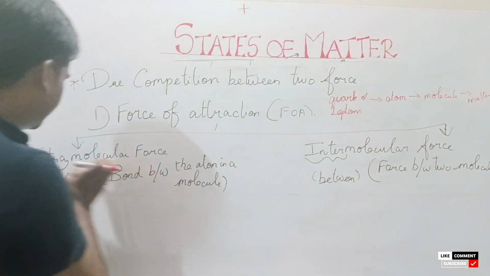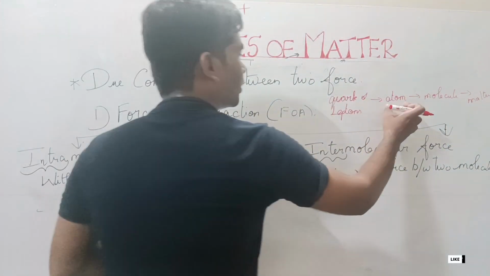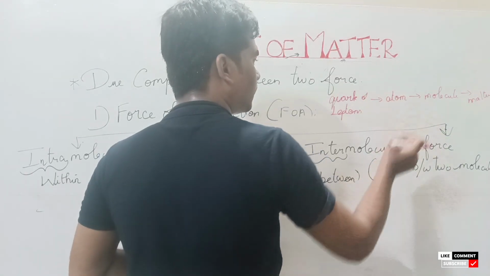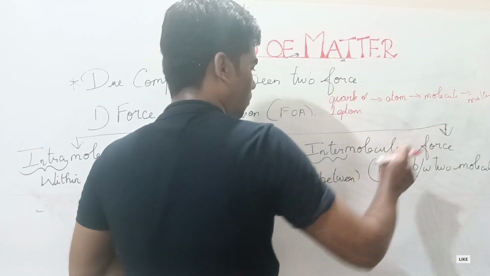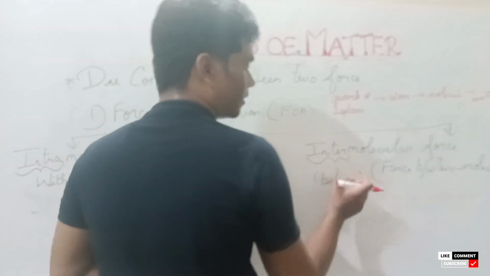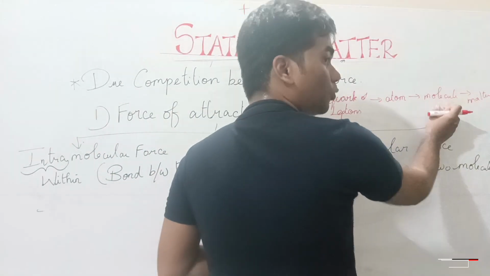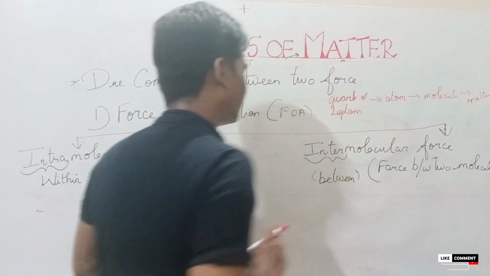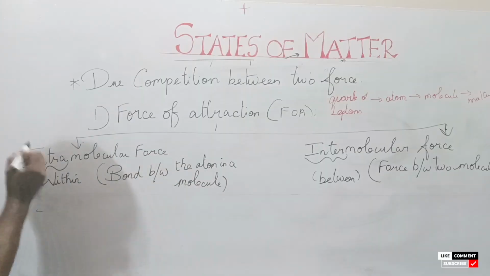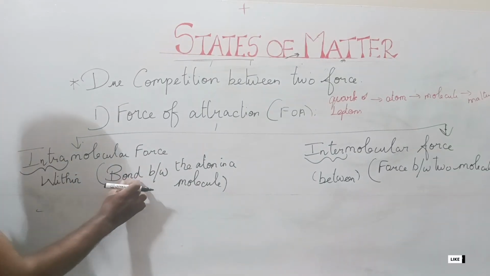So this intramolecular force denotes the force between the two atoms which combine to form a molecule, and inter denotes the force between two molecules which combine to form matter. This intramolecular force denotes that bond.